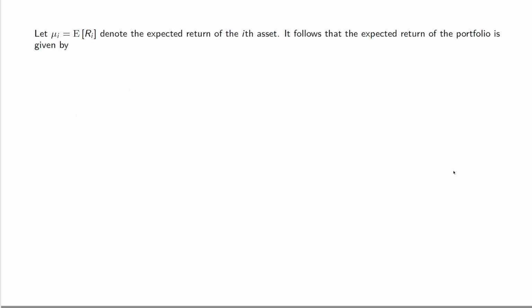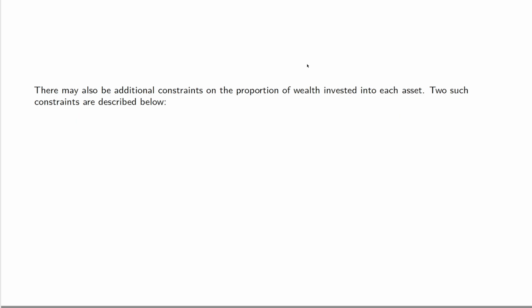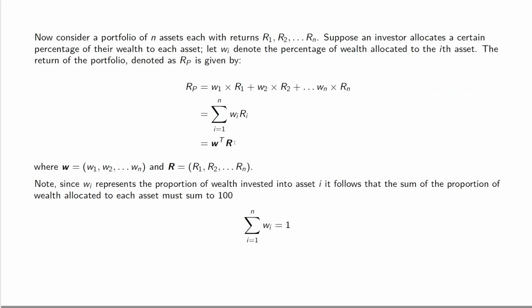So now what we're going to do is construct a way to find the expected return of a portfolio. Remember, we already found a way to express the return of the portfolio as a random variable, as a sum of other random variables.